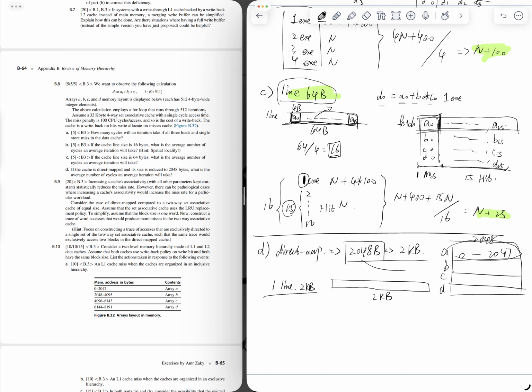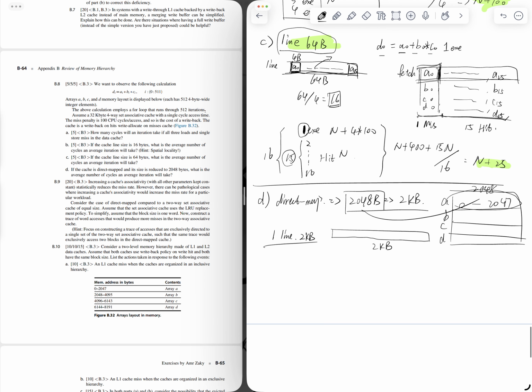That's totally the same thing. That means if we directly map, when I want to get A0, then I will map the whole A array into our cache line, right? Because they have the same size.